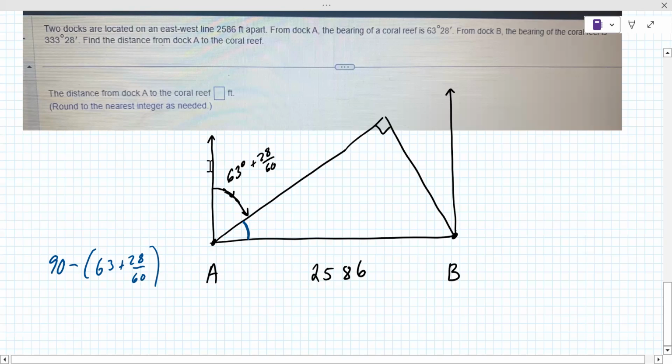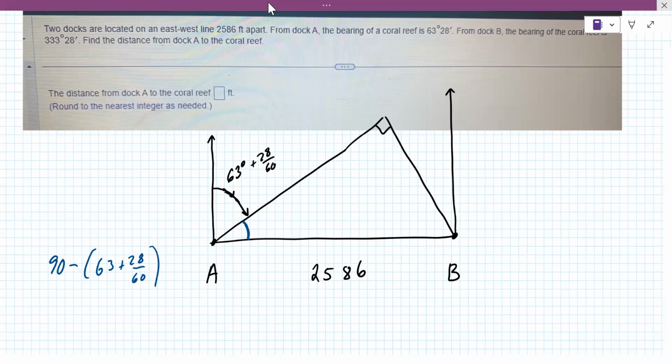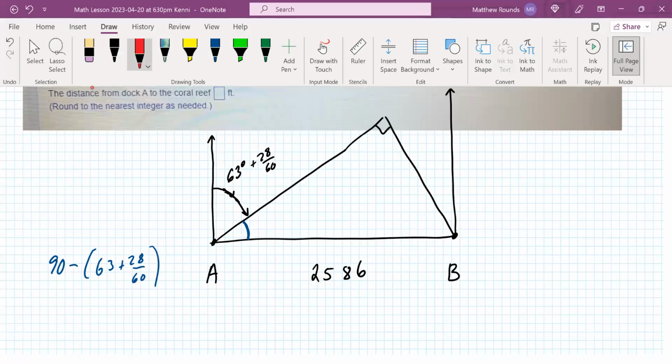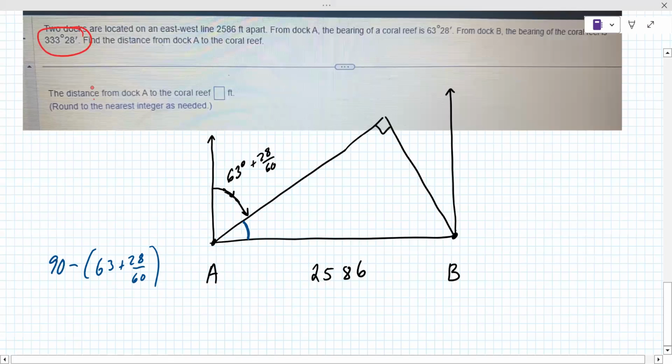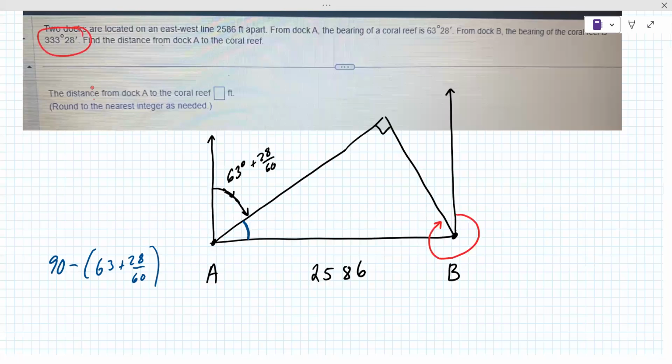The other piece of information says from dock B, the bearing of the coral reef is 333 degrees and 28 minutes, which is really awkward. This is not normal language that anyone in the real world uses. You're supposed to know that this means from the north again, 333 degrees plus the 28 over 60.